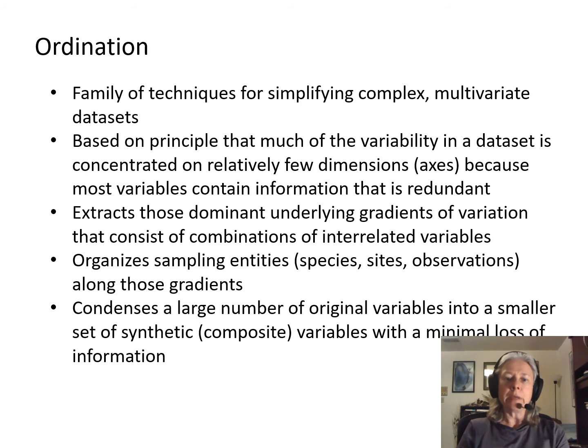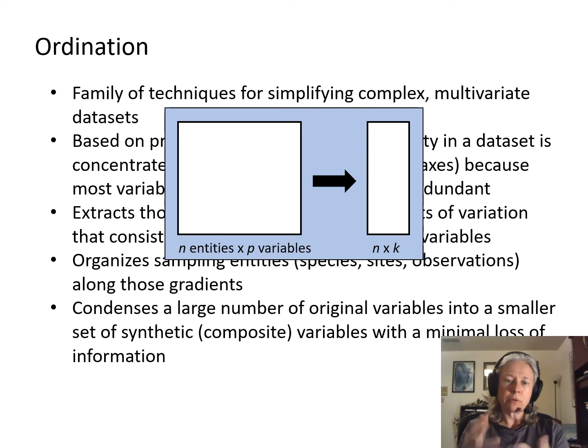In so doing, it condenses a large number of your original variables into a smaller set of synthetic or composite variables with a minimal loss of information. The focus is on identifying what are the dominant drivers and focusing on them. So, for example, you start out with a data set that is n entities times p variables.